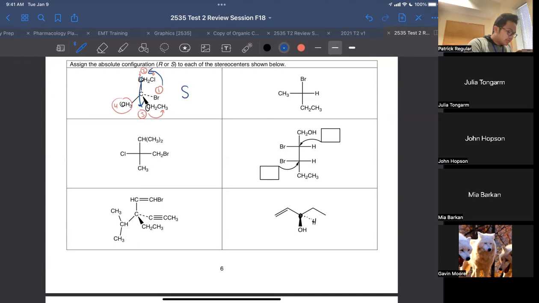Yeah, that would be S, because if you're looking at it just from the side, that 4th group would be away from you. I don't have my model kit on me, but if you did, you would be able to see it. With the 4th group away from you, you would still be looking in that direction, 1 to 2 to 3. So that would still be S.